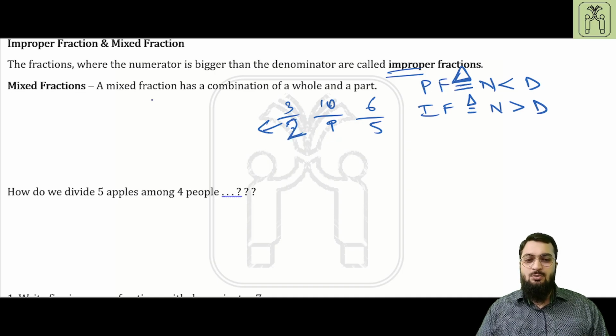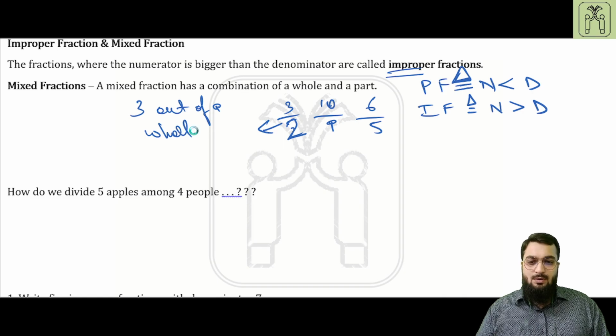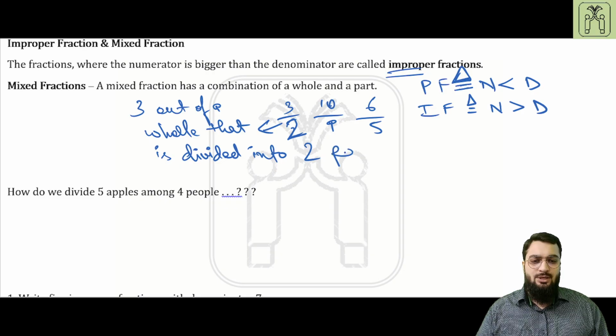So 3 upon 2 means that we have a total of 3 parts out of a whole that is divided into two parts each.